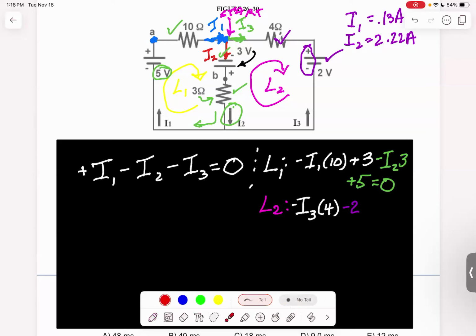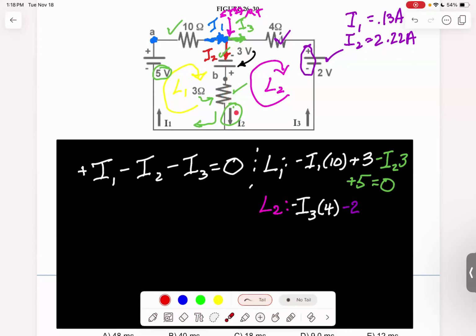Now we're coming back through. Bear with me here. I know this is a little bit tedious. So we're coming back through this set of components as well. As we go through this resistor, you'll notice that current flows in this direction.